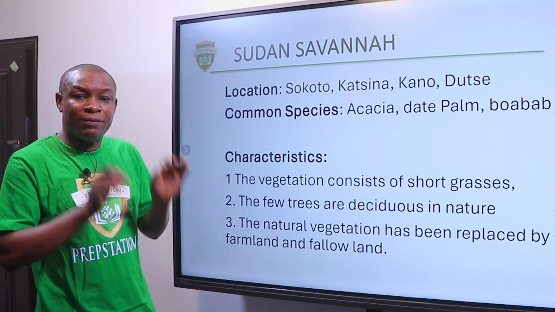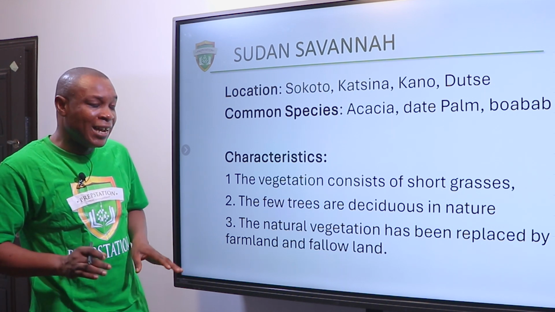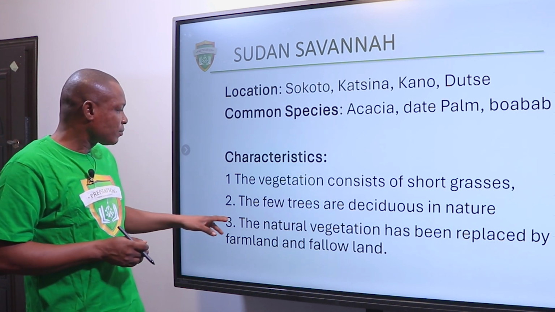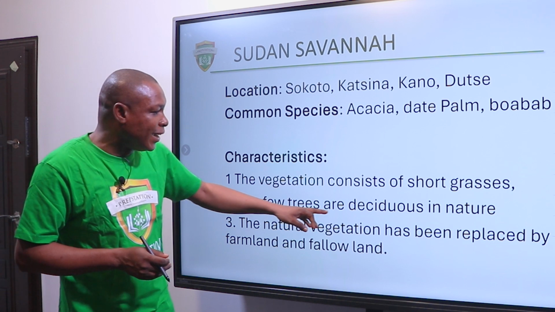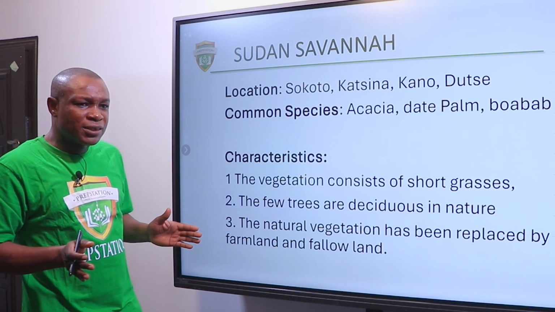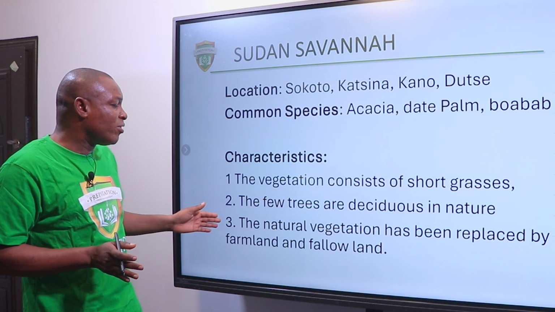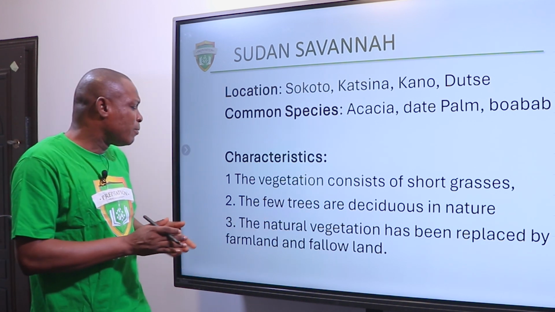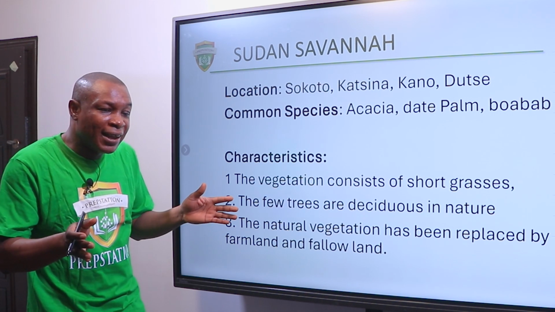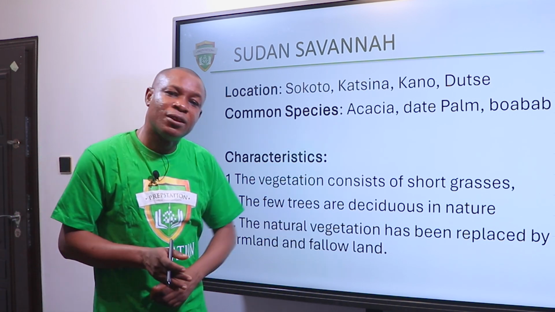Remember, whenever we say savanna, we are talking about vegetation that is predominantly grassland, with only a few stands of trees. The few trees are deciduous in nature. One thing about the Sudan Savanna in Nigeria is that the natural vegetation has been replaced due to the activities of farmers. So most of the Sudan Savanna belts in Nigeria are now fallowed land.